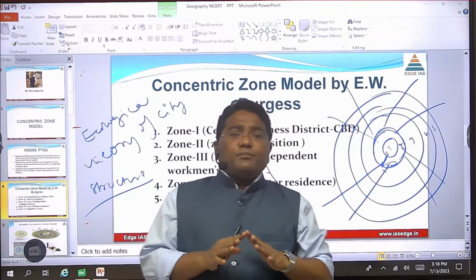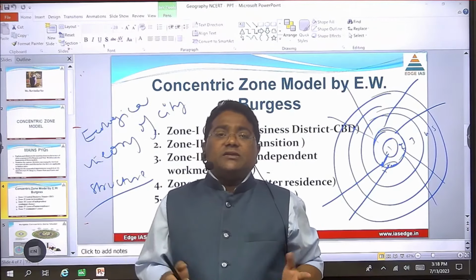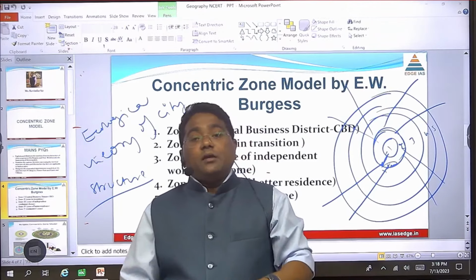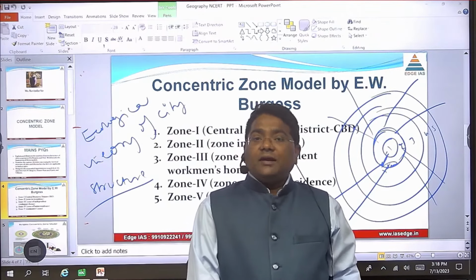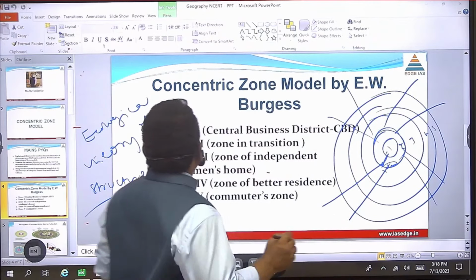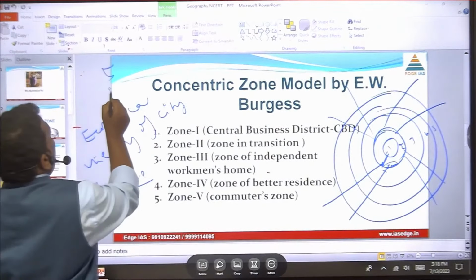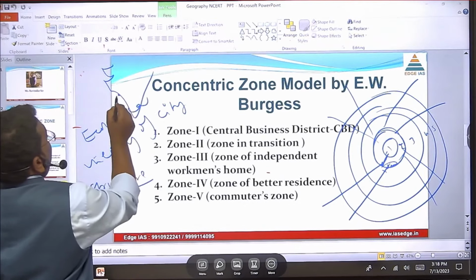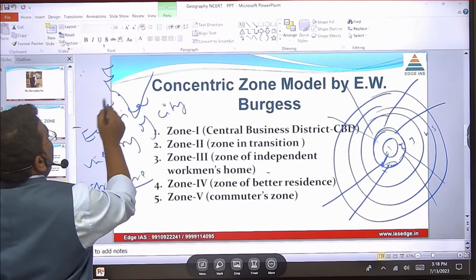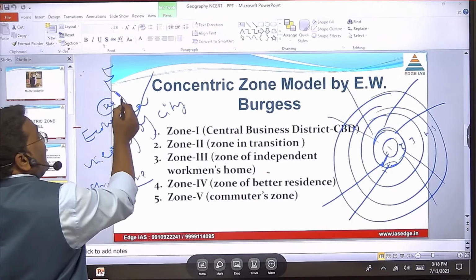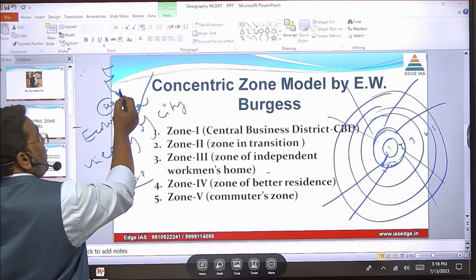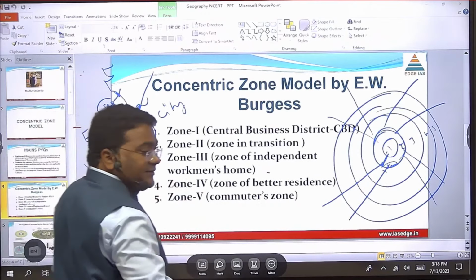You might have seen that some cities are in a circular manner, but not all cities are present in a circular manner. It's very difficult, because if you take Mumbai, on this side the Arabian Sea is present. So the sea is constraining, because Mumbai cannot penetrate into the water, right?